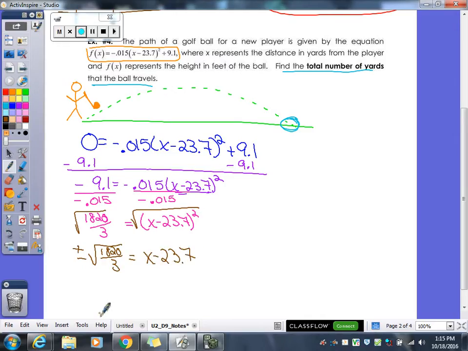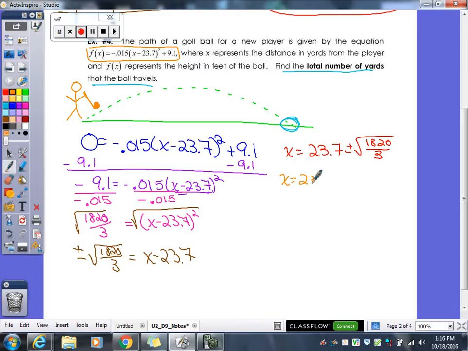So we take the square root of both sides and we get plus or minus the square root of our fraction equals x minus 23.7. So what's our next step to get x on its own? Add the 23.7. So now it's just typing stuff into the calculator. We have to get two answers.